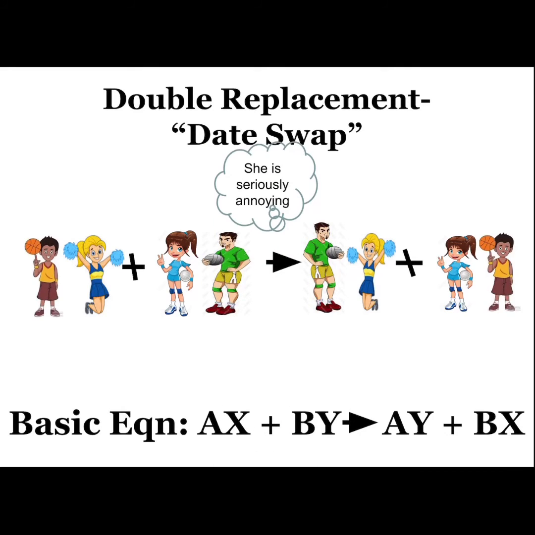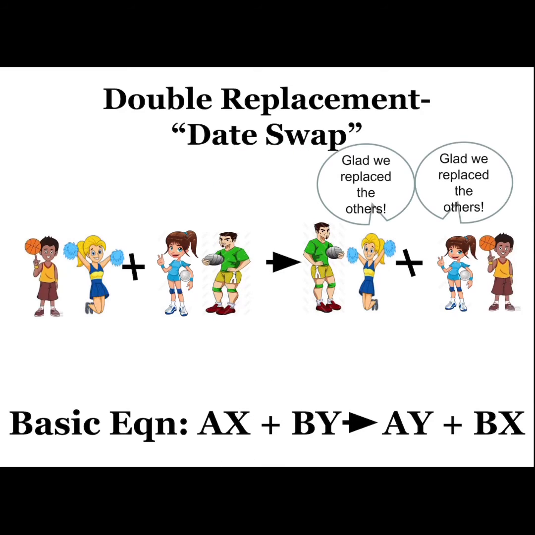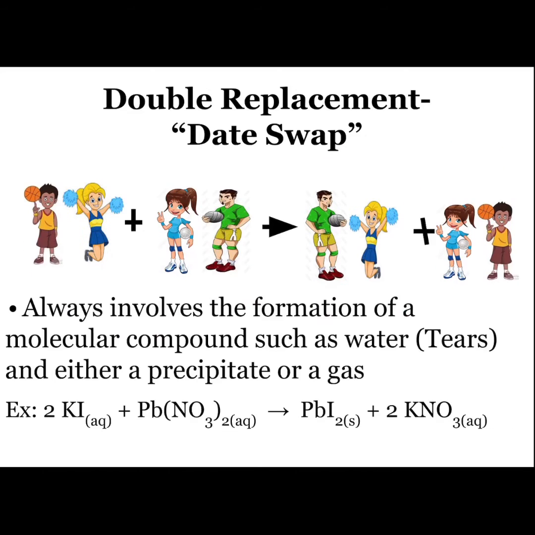Something happens, they decide they don't like each other. Both sets of couples are switching partners. So the same thing happens if you're thinking about chemicals. I have A with X, but now A is going to be with Y on the product side. B and Y were originally together, but now I have B and X together on the product side.